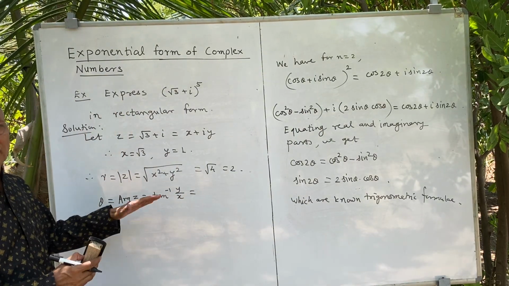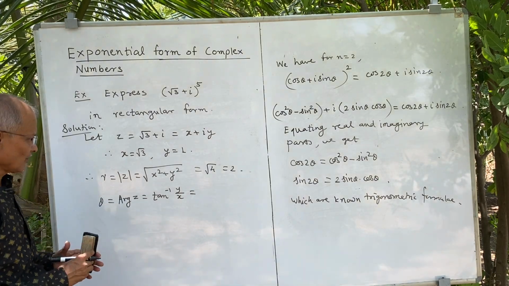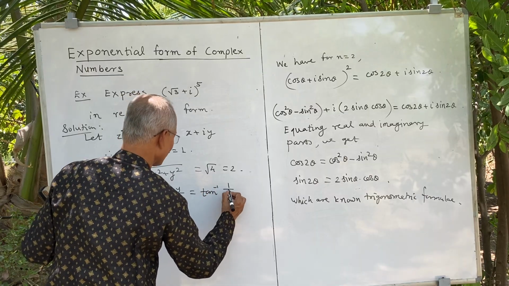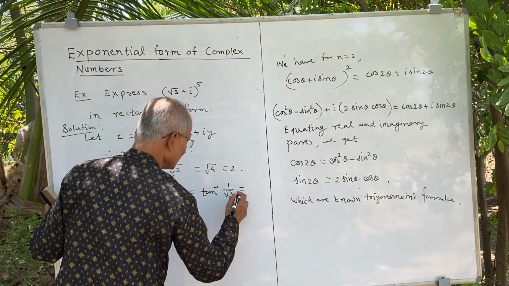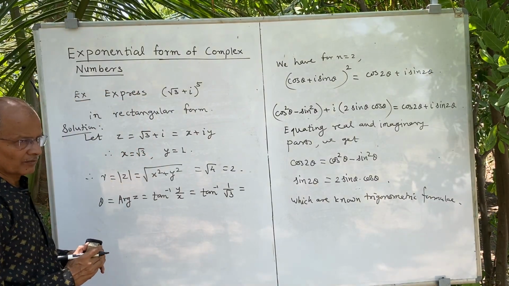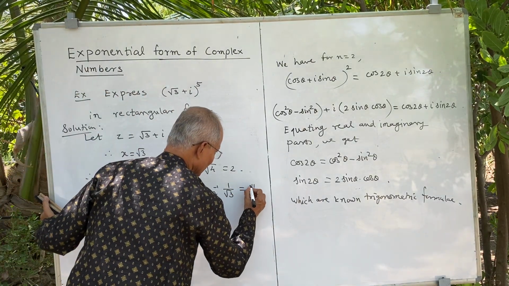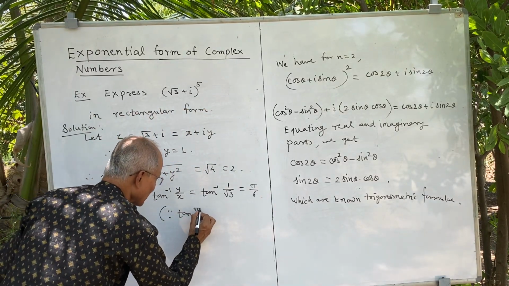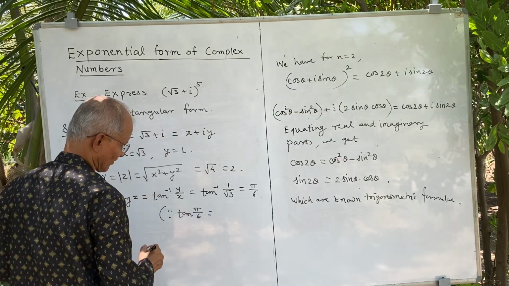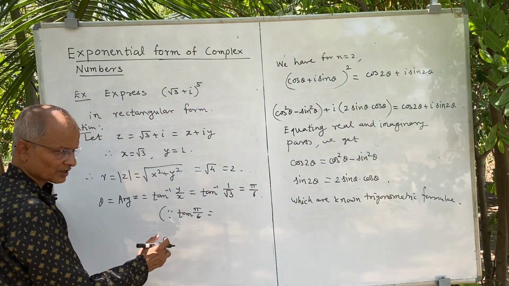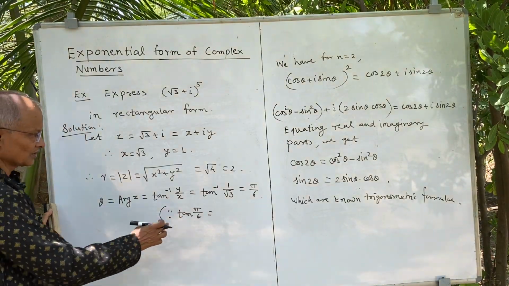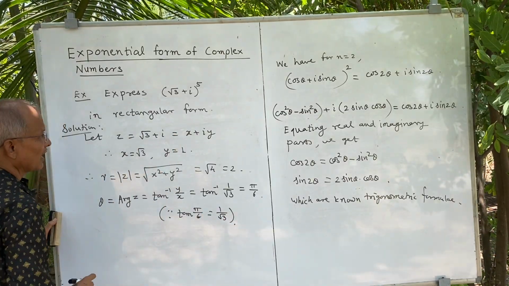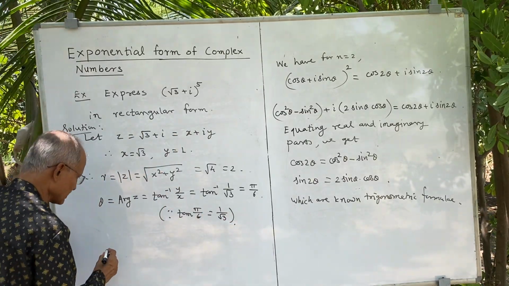So this is tan inverse of 1 over root 3, which we know is pi by 6, 30 degrees, or in radians pi by 6, since tan pi by 6 is sin pi by 6, that is 1 by 2, divided by cos pi by 6, that is root 3 by 2, which is 1 over root 3. Thus we have obtained theta.